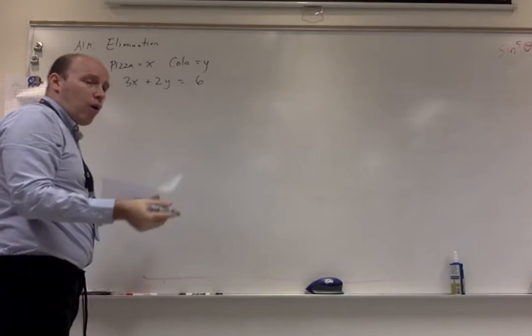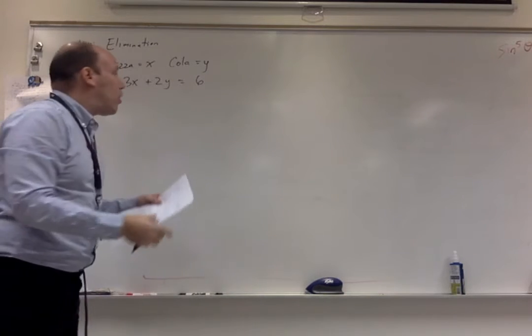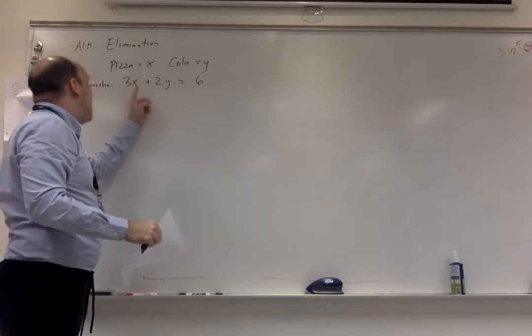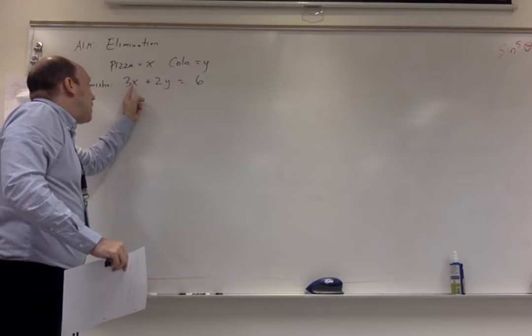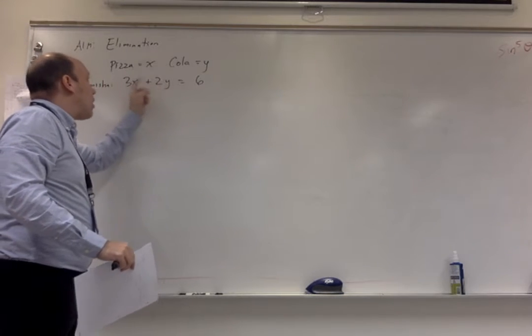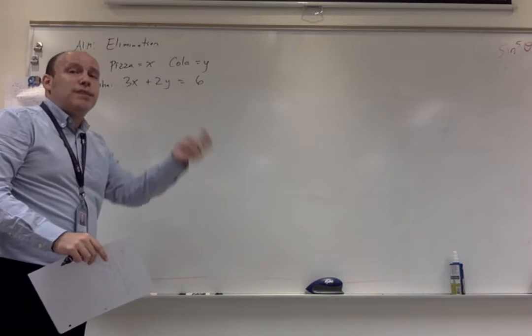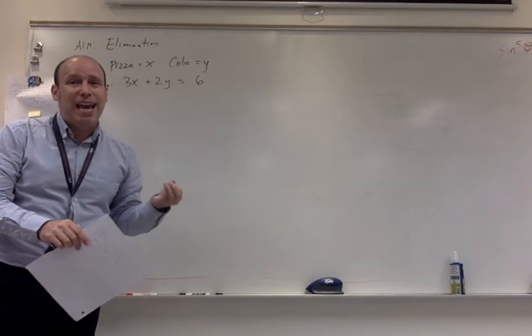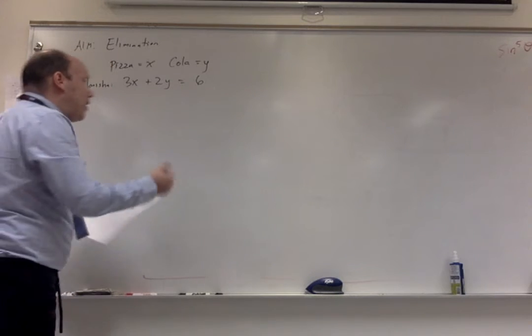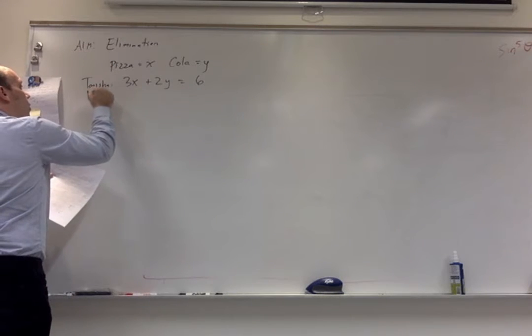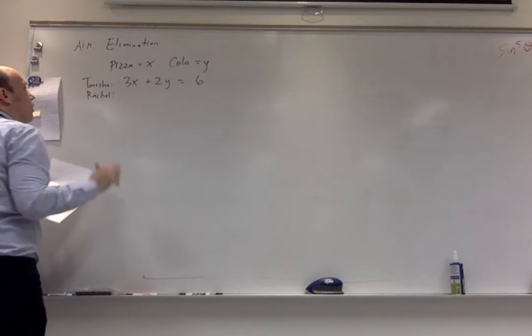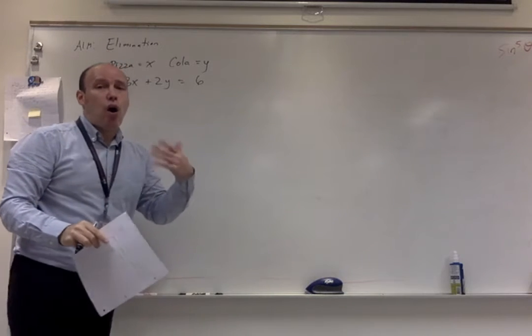And we need another equation because we know there's many different outcomes. Maybe Tanisha had two pieces of pizza and zero cola, or zero pizza and three colas. But with the second equation, we can get a unique solution. Well, we're told about Rachel. I'm sorry, no, I meant how much it costs.